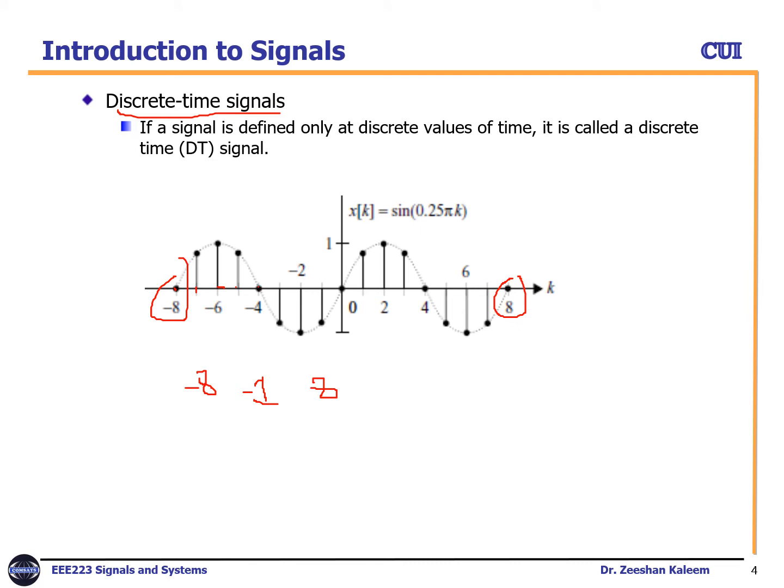So from -8 to 8 with a step of 1, if we put these values in sin(0.25 pi k). Because the time is discrete, in discrete time we usually represent it by k.